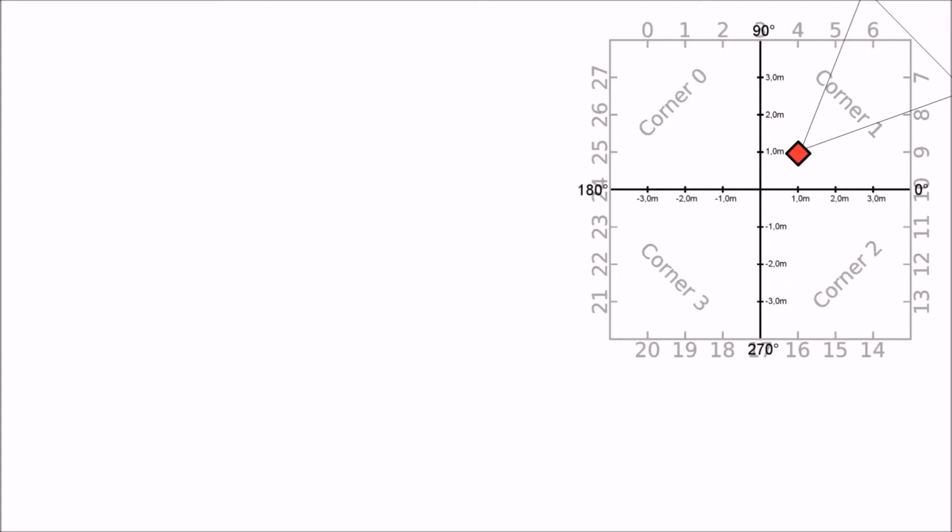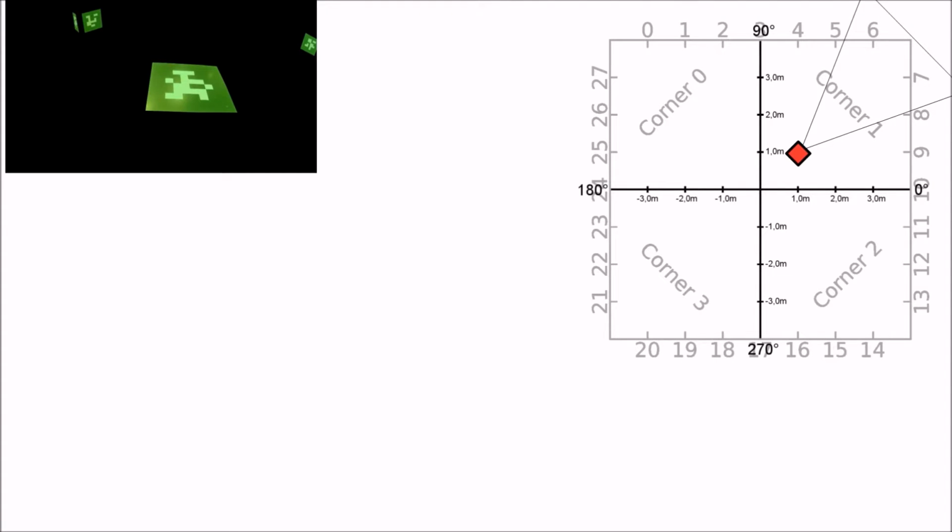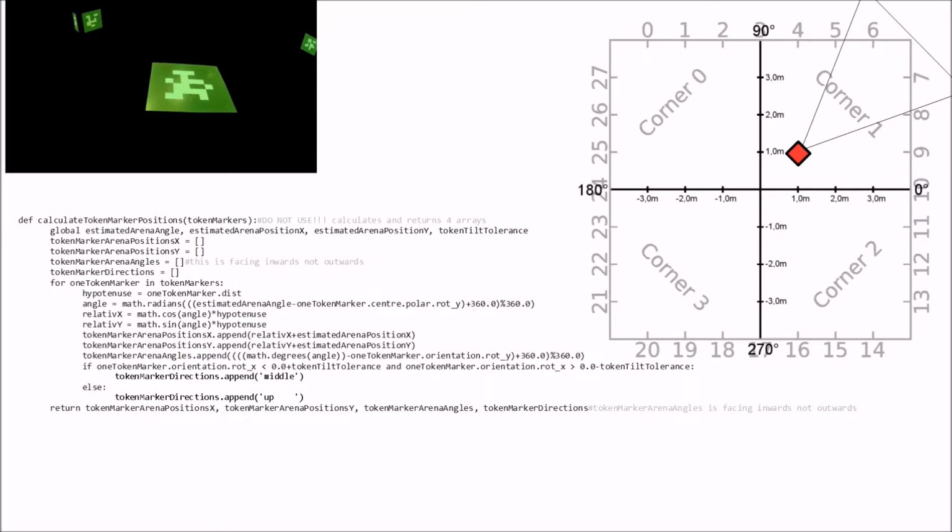Now let's get back to last video's coordinate system. Using all the token markers and some basic trigonometry, we can figure out the position of any marker inside the arena. By adding center.polar.y to our arena angle and using the dot distance attribute as our hypotenuse, we can calculate the relative distance of the marker to our robot, with cosine standing for relative x and sine for relative y.